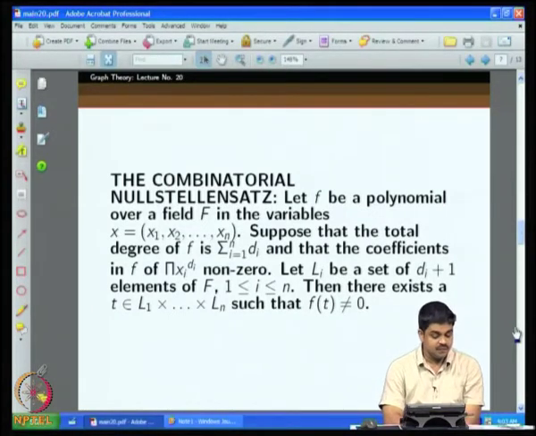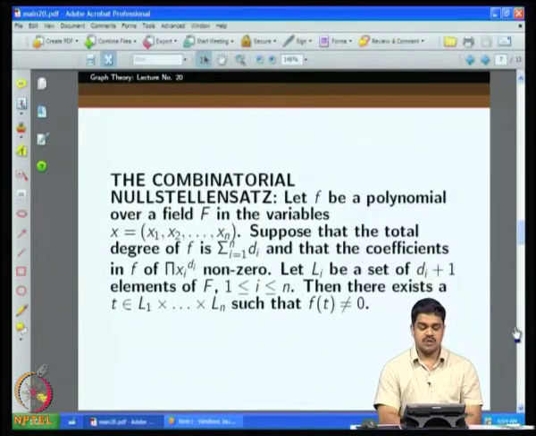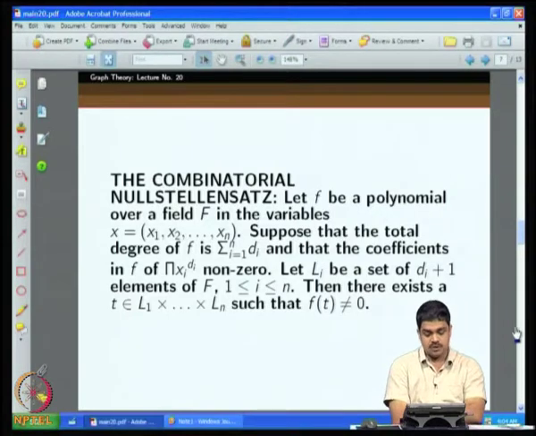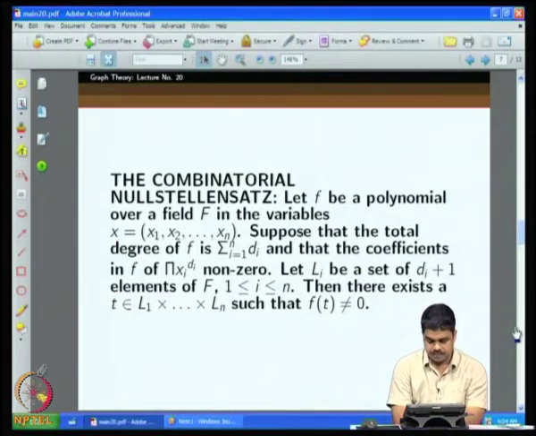In the earlier case we had said that, but here we are only saying that the total degree, when you sum up the degrees of each monomial, is the sum of the d i's, but individually some of them can be bigger than the corresponding d i, though overall the total will remain the sum of d i.